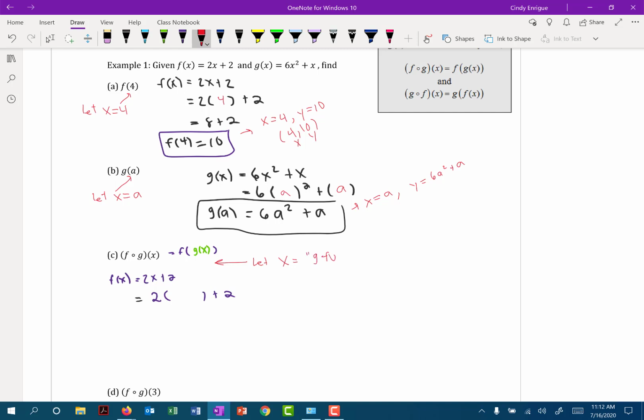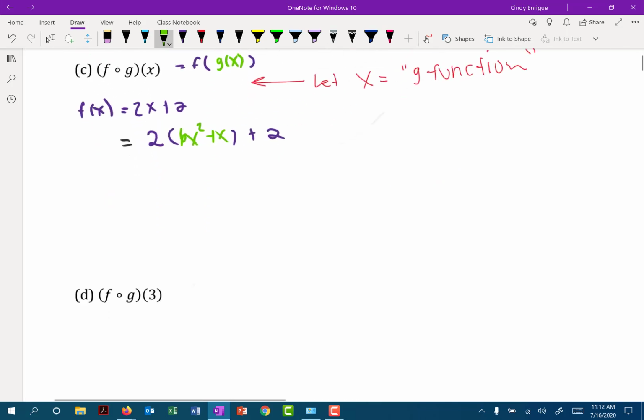The g function. So you're plugging the entire g function into the x of f of x. I wrote down f of x, so I'm plugging in for that variable, and here the entire function is written. So I'm going to have 6x squared plus x. That's the entire g function.